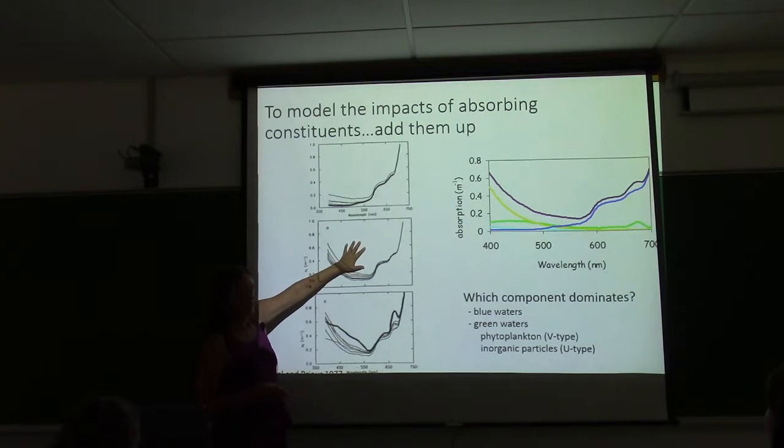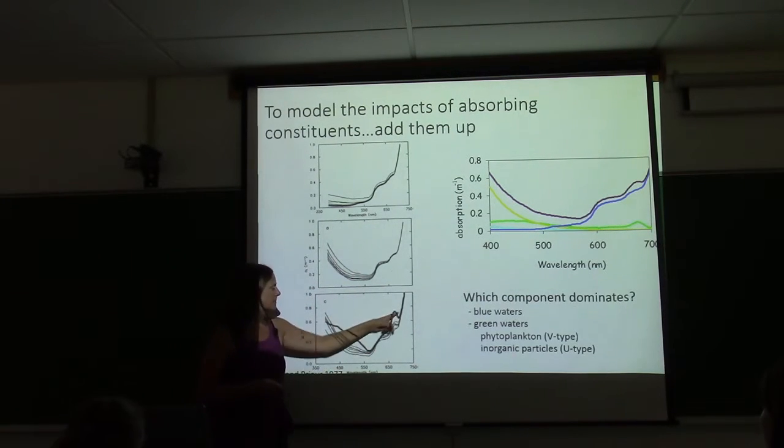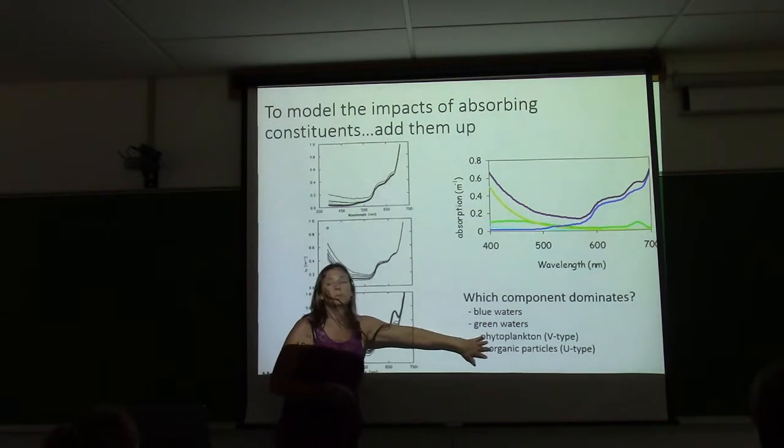These were dominated by inorganic particles, which have that exponential absorption. It probably also had some organic absorption in here. And then these V-type absorption spectra, which were found when phytoplankton were a large component. And so they tended to describe the shape of absorption based upon which component was dominating.